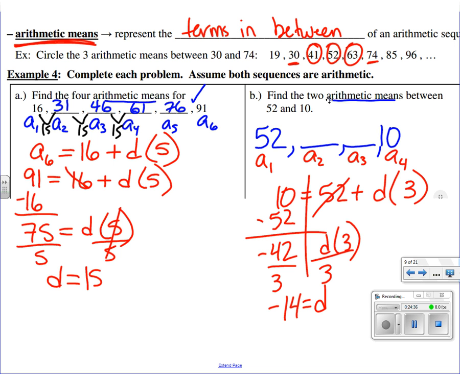All right, Cheyenne, how do I get the number after 52? That goes in this blank. Very good. Take away 14. Somebody help me out. 24. And does 24 take away 14 give you 10? Good.